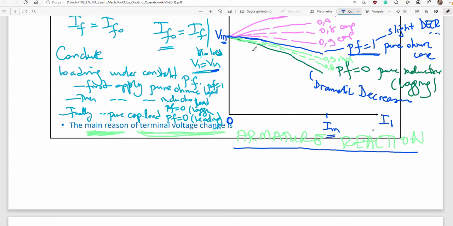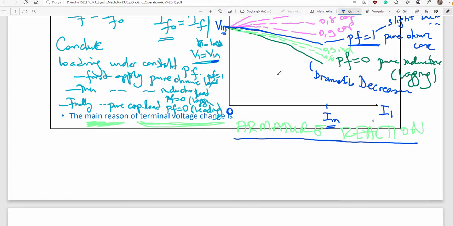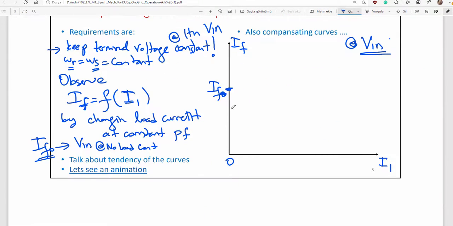So we should compensate this voltage drop. That is the compensating curve for power factor unity.